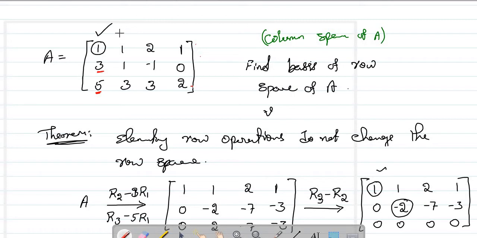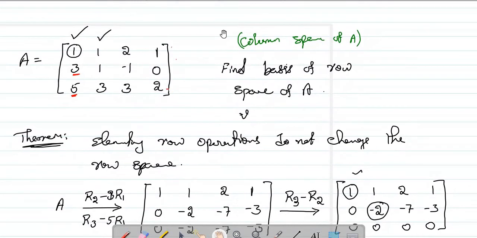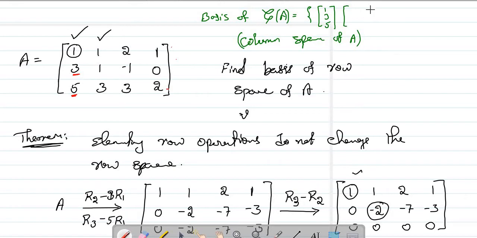That's going to be the first column and the second column of A. So if you ask me this question, I'll simply write: basis of column space of A equals the first column of A, that is (1, 3, 5), and the second column of A, that is (1, 1, 3).